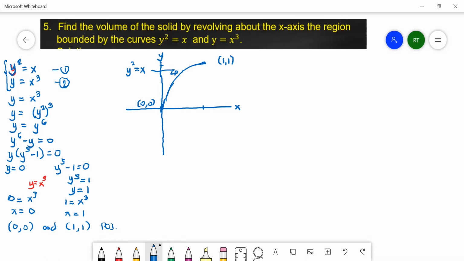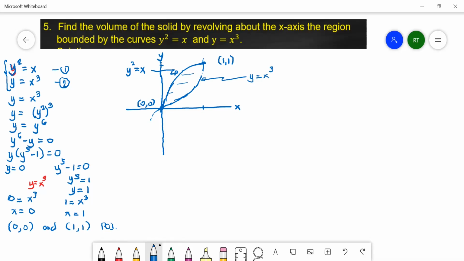When x is 1, y is equal to 1. And it is actually a curve which is symmetric with respect to the origin. And this is the graph of y is equal to x cubed. And we are considering this region. Now, this curve is y is equal to x cubed.